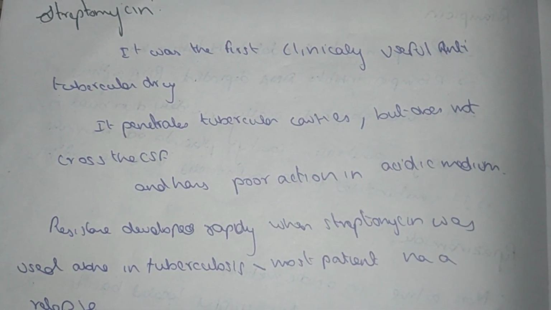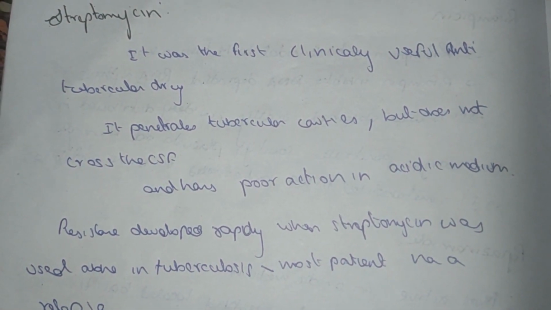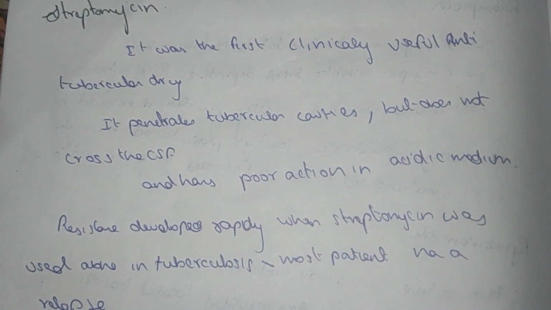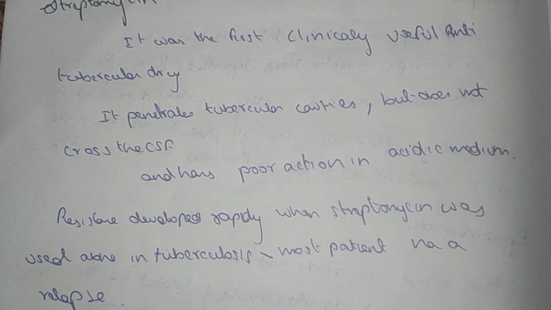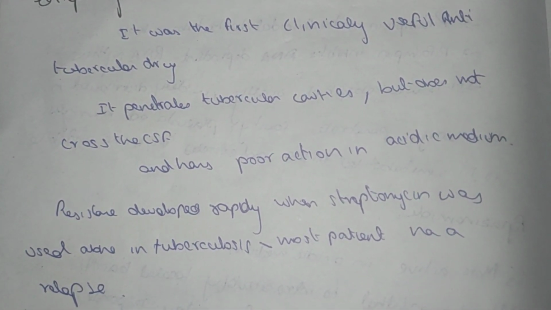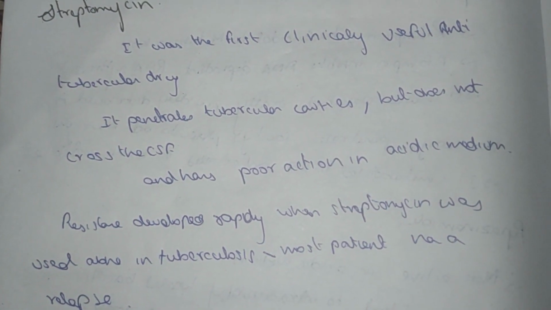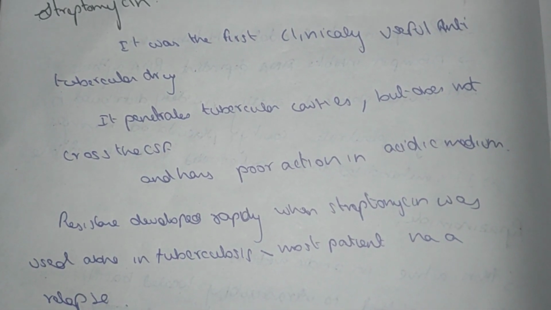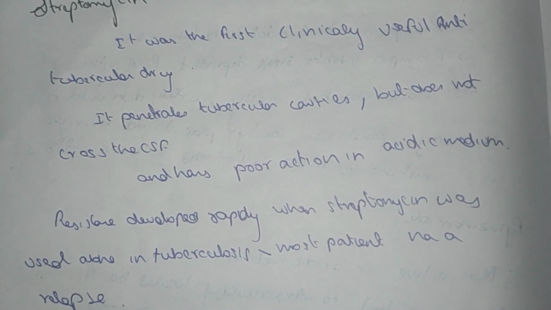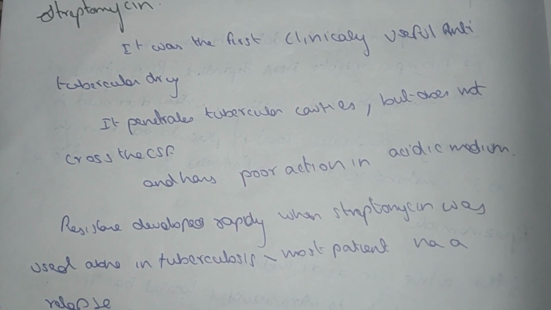It has poor action in acidic medium. Resistance develops rapidly, and when streptomycin is used alone, the tuberculosis shows resistance and more patients relapse. So we should not use streptomycin alone. That's all about streptomycin.